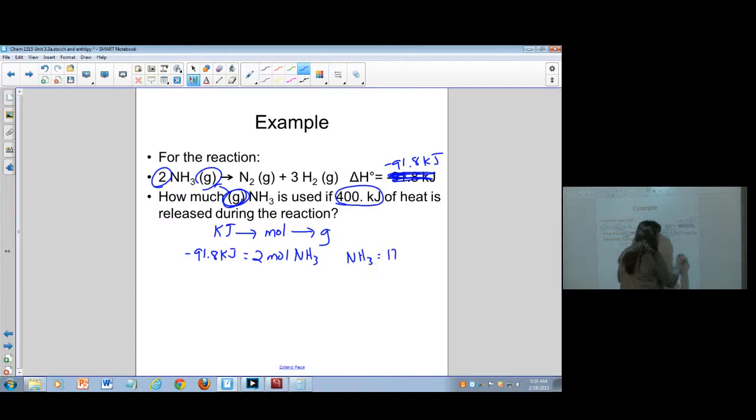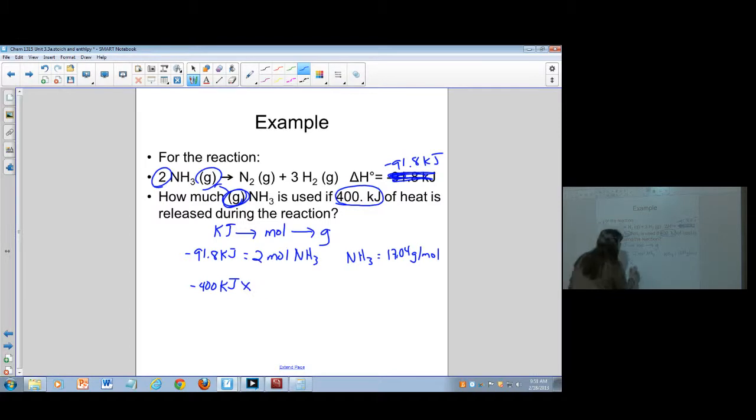And I also have a molar mass: NH3 is 17.04 grams per mole. Okay, so I'm going to use that too. So in this case, 400 kilojoules is released. Okay, so that means minus 400 kilojoules. That's what I know, and that's where I'm going to start. Minus 400 kilojoules of heat is released during this reaction, and then I need to get to grams.